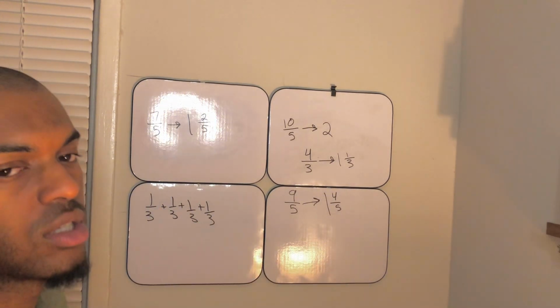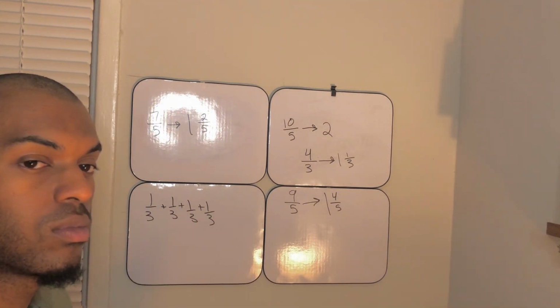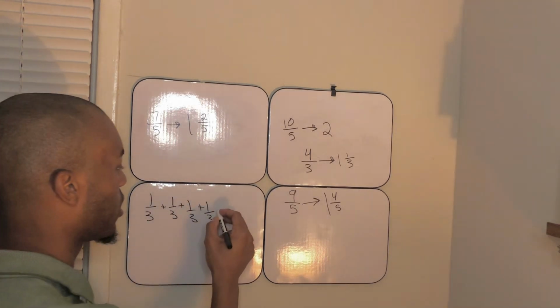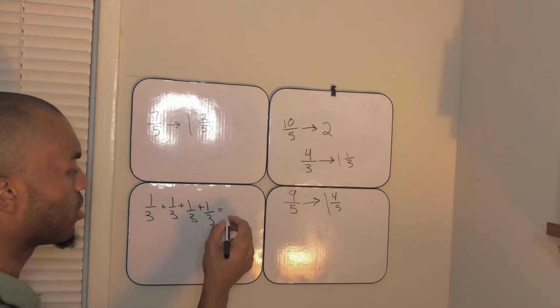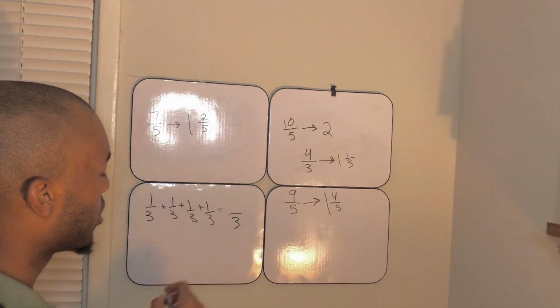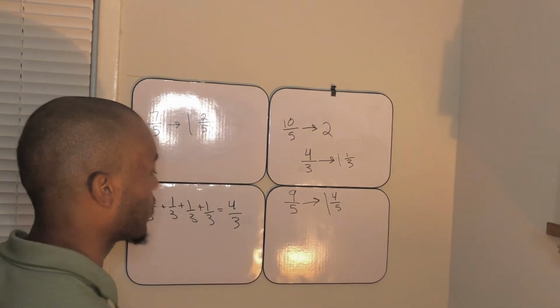What's the answer to this? Well, the rule for adding fractions is if they all have the same number on the bottom, you just keep that how it is and you just add the numbers on top. So 1 plus 1 plus 1 plus 1, 4.